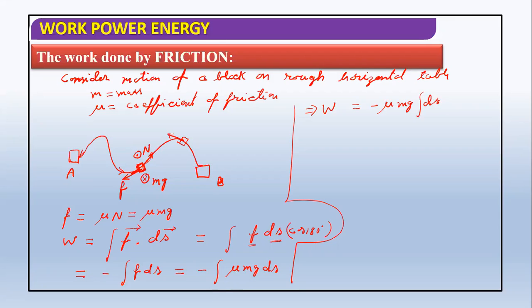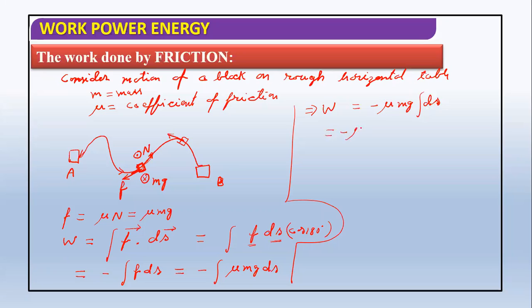And what is ds here? ds was the magnitude of displacement. If you integrate this ds, if you add this ds, it will give the total distance traveled or the path length, because this is magnitude, this is not displacement.